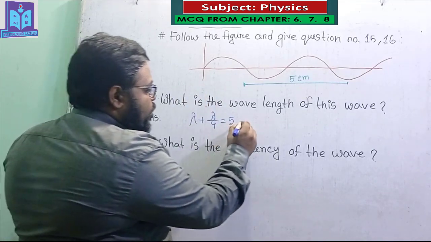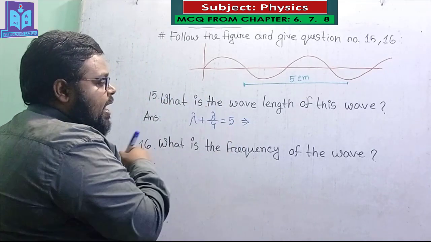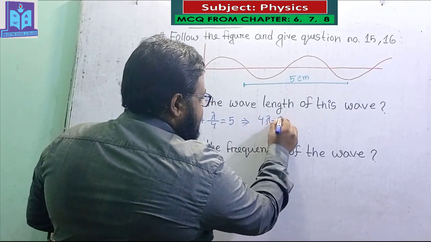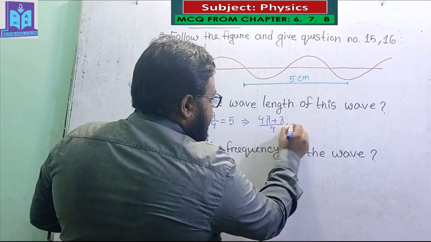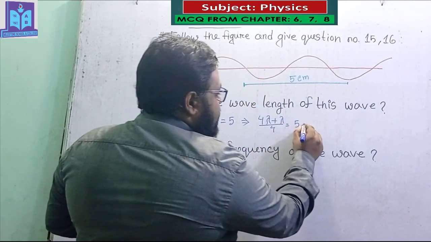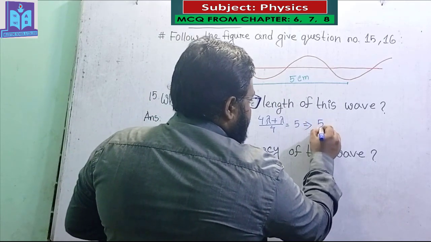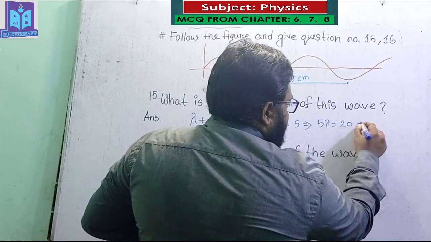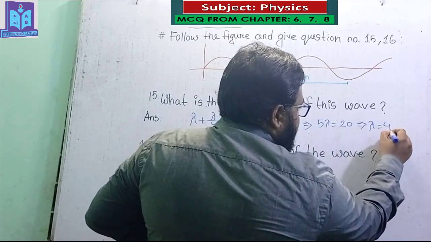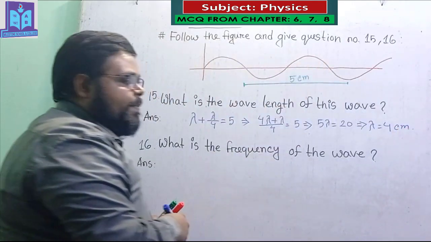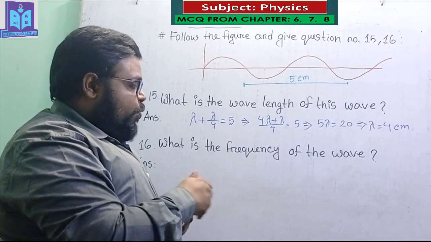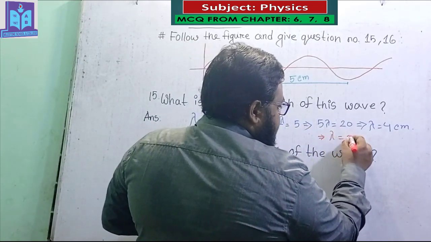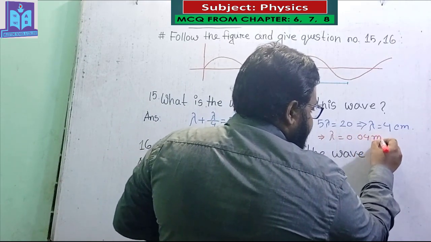So if we add these two values, it will be 4 lambda plus lambda by 4 equals 5, or 5 lambda equals 20, or lambda equals 4 centimeter, or we can say that lambda equals 0.04 meter.